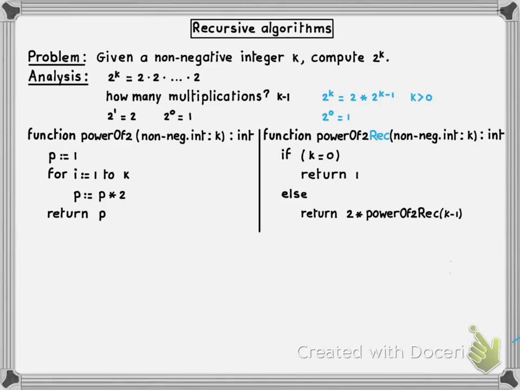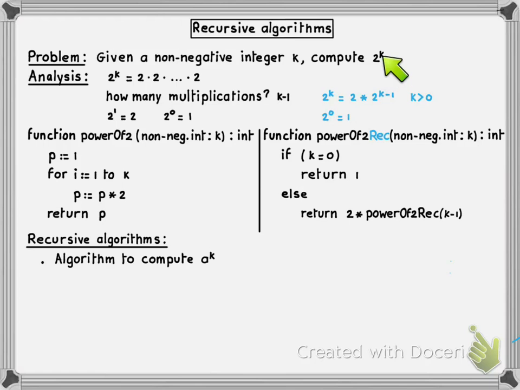Let me wrap up this segment by listing a few recursive algorithms that you should be familiar with. So one example of a recursive algorithm is the one to compute a to the power k. It's just a generalization of this problem when 2 is generalized to any real number a. The second recursive algorithm would be one to compute n factorial.